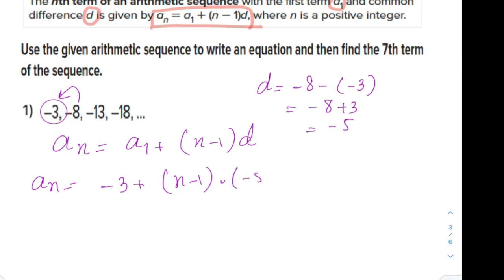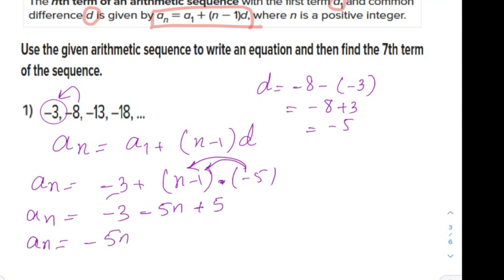So I will replace -5 here. Then I will simplify as much as I can. So I will distribute -5 times n, -5n, -5 times -1 is +5. We have here an is equal to -5n, -3 plus 5 is 2, like terms added, and this is the simplest form that we can have here.